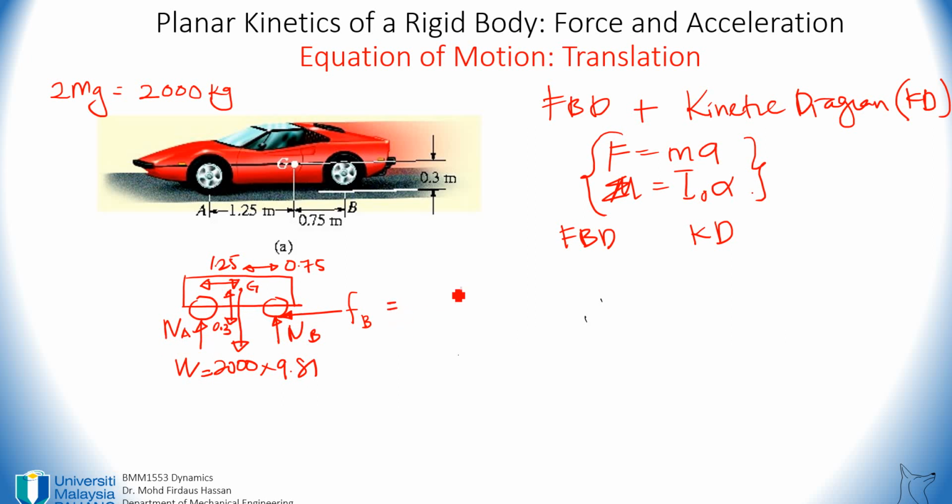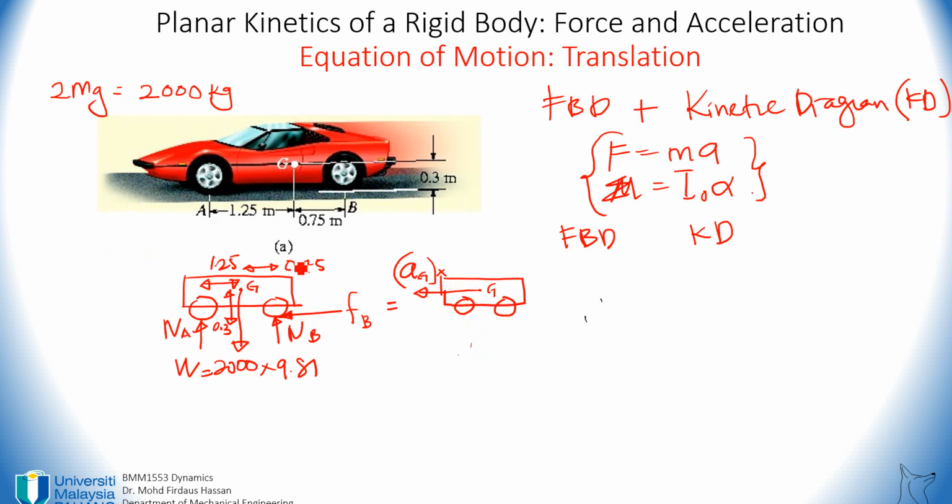And you draw the kinetic diagram. Of course this car accelerates to the right. So at this G, draw A_G in X, because this car doesn't have a motion in Y, because you have the floor.